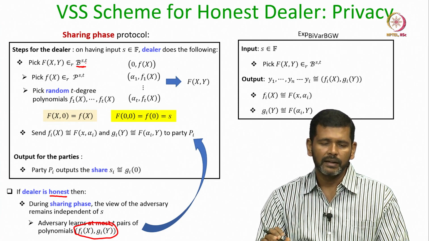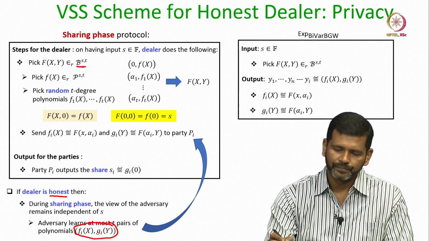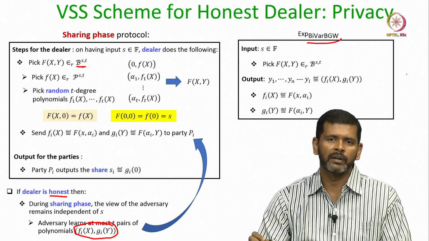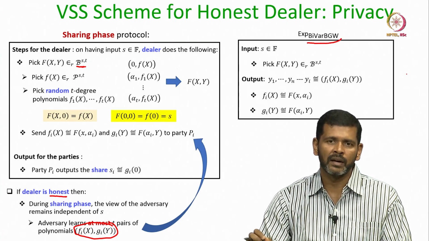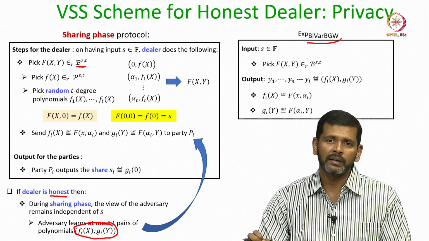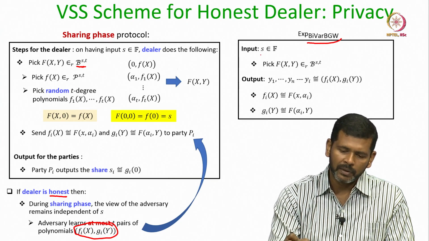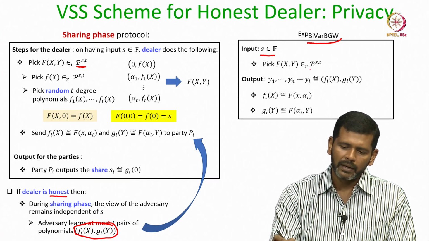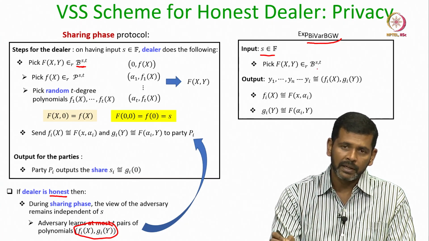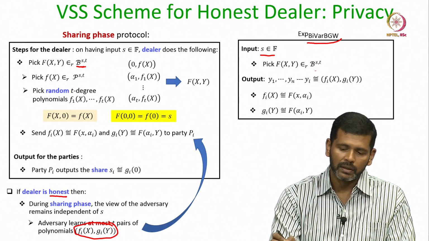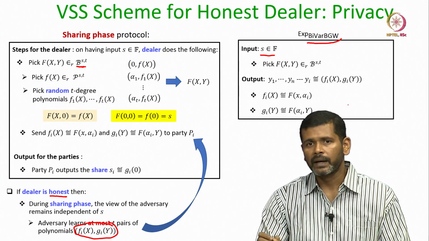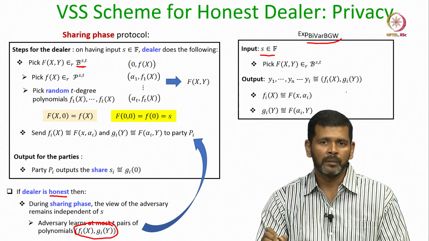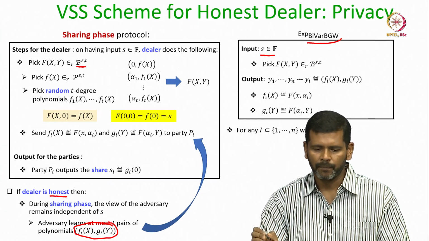Now, let us relate this sharing phase protocol with the BGW experiment based on bivariate polynomials which we discussed in the last lecture. In that experiment also there was a secret which was the input, and to generate the output a random t degree polynomial was chosen, and the ith output consists of the ith row and ith column polynomial on that bivariate polynomial.